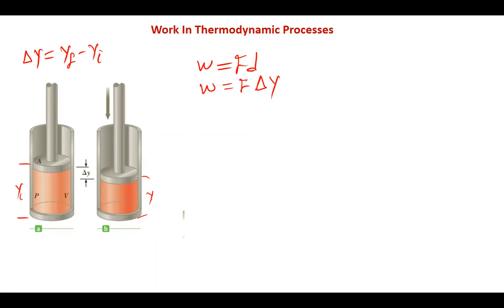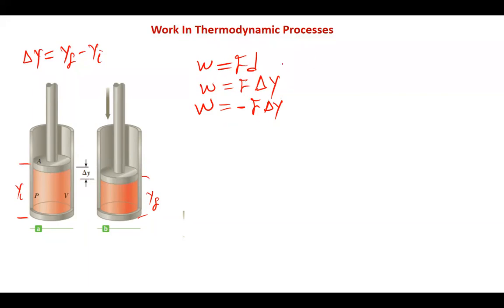Why? Because our final y is smaller than the initial y. The initial y is bigger, the final y is smaller, so when you subtract a bigger number from a smaller number, you get a negative answer. So we expect our work after this process to be negative. We'll have something like this: F times the change in y.